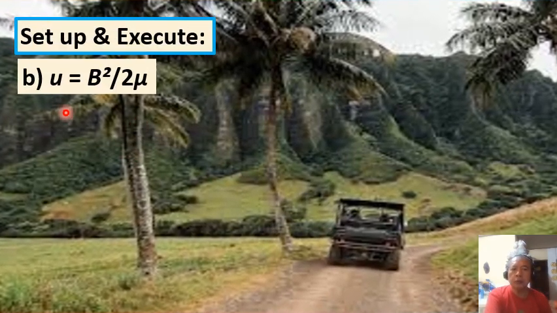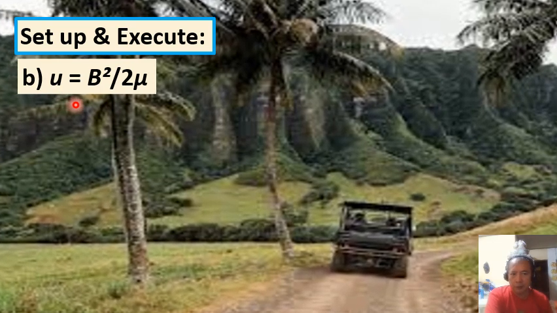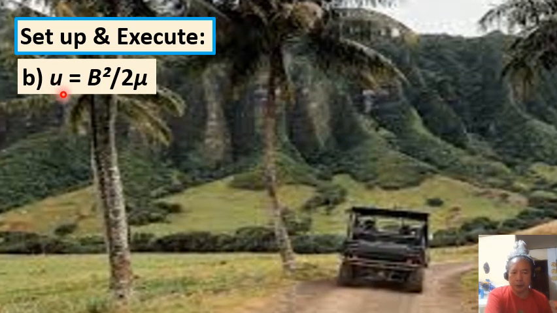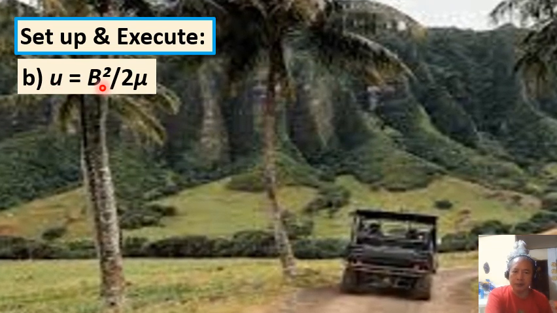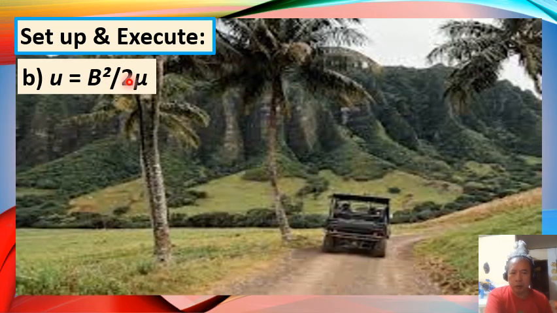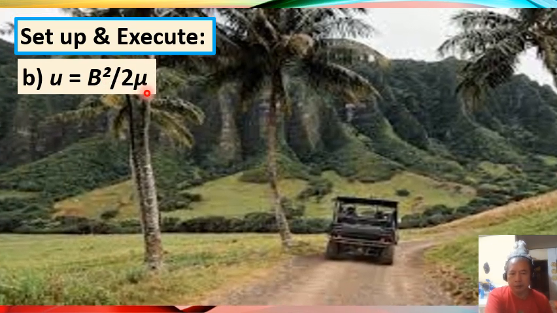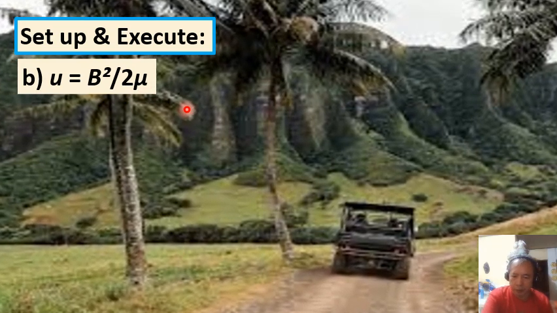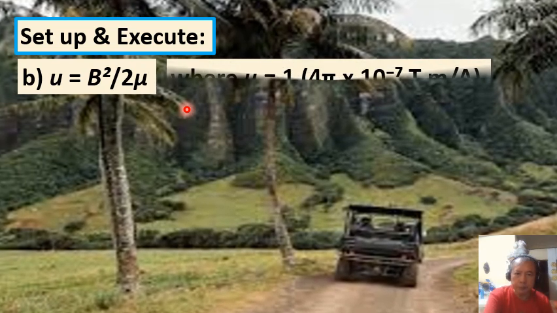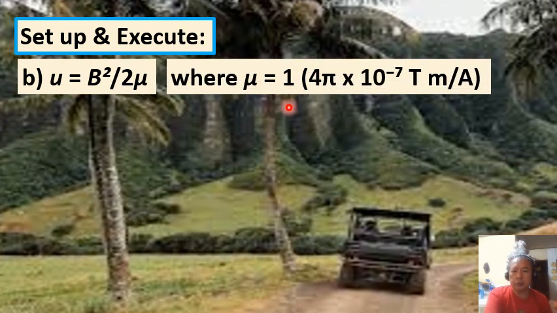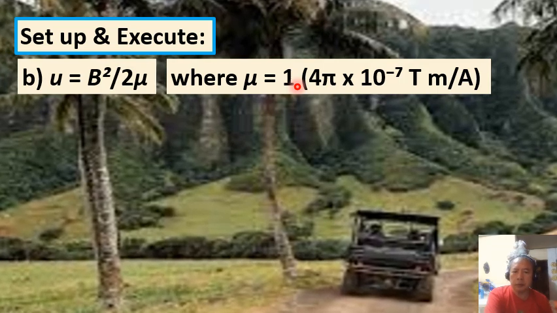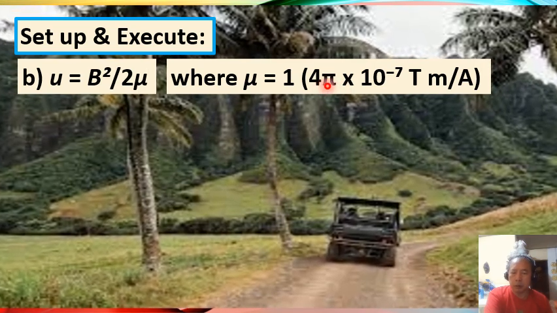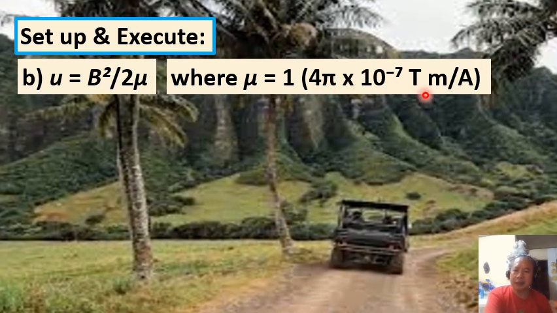So in part B, we are to compute the energy density in the magnetic field, denoted by small letter u. That is equal to the square of the magnetic field, capital B, divided by twice what we call the relative permeability of air, where the Greek letter mu is equal to 1, multiplied by mu naught being equal to 4 pi times 10 raised to the negative 7 Tesla meter per ampere.